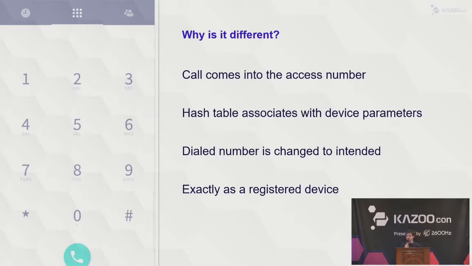So for instance, we talked about the dynamic caller ID application that we have that can choose your caller ID based on the number you are dialing. That all works, call recording, all of that works with this application because as far as Kazoo is concerned, it can't tell the difference. And then the final thing that Camilio does is it mangles the SIP packet so that once it hits the media server, it looks like it's not dialing the access number, but the number that was actually dialed on its dial pad.